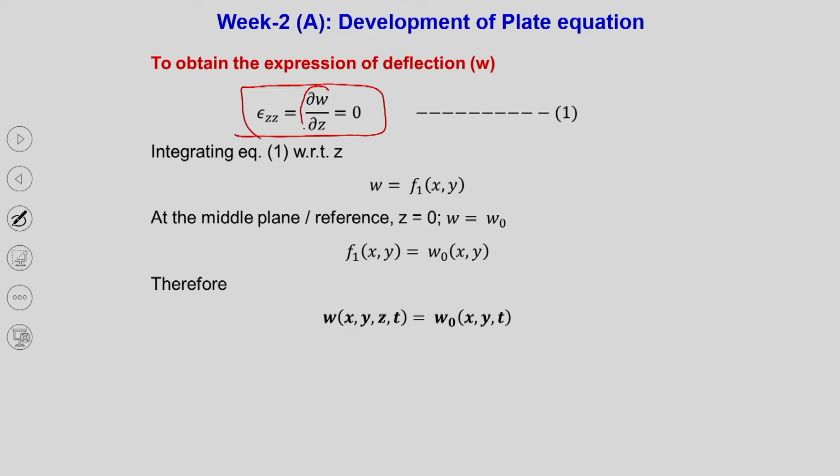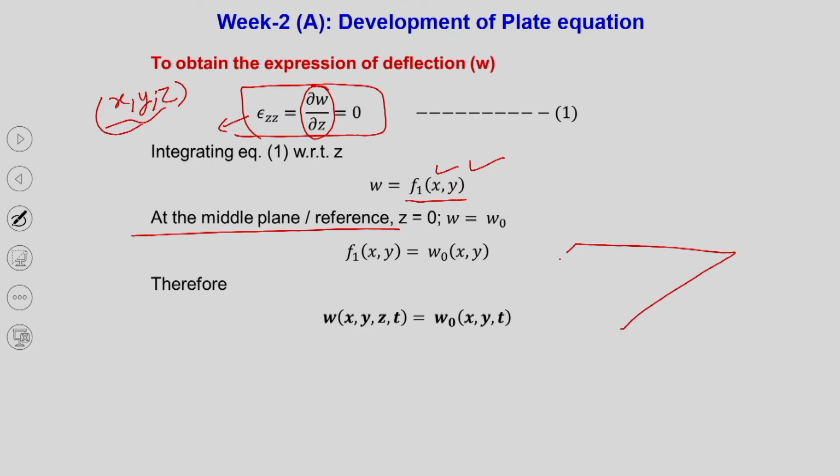Since this is a partial derivative along z and we have a function of x, y and z, the integrating constant will not be just a constant, it will be a function of x and y. So, at the middle plane or reference plane, when z is 0, w is w naught.